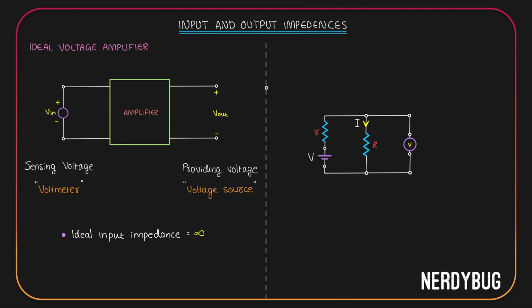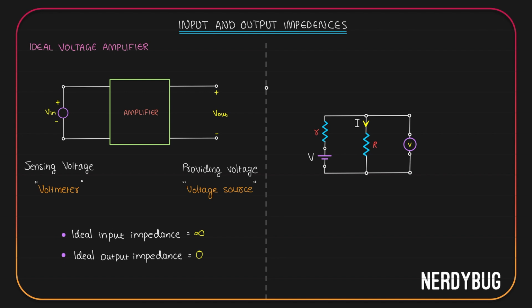But if the source has an internal resistance, some of the voltage will be dropped across the internal resistance and my resistor R will not get the entire voltage provided, V. So ideally the resistance of the voltage source should be 0 so that the entire voltage provided will be dropped across my resistor. When it comes to our amplifier, on the output side it is acting as a voltage source. So ideally it should have 0 output impedance.